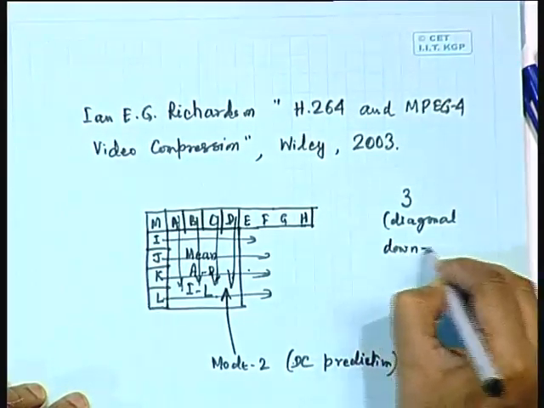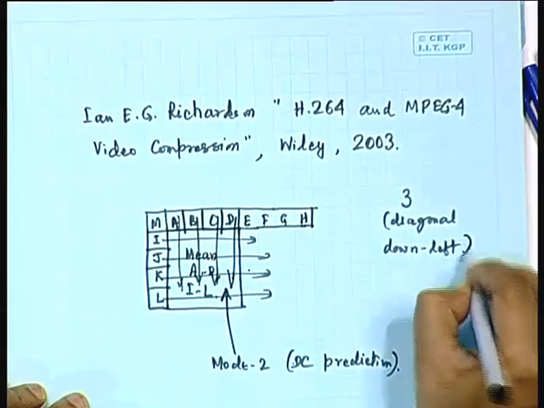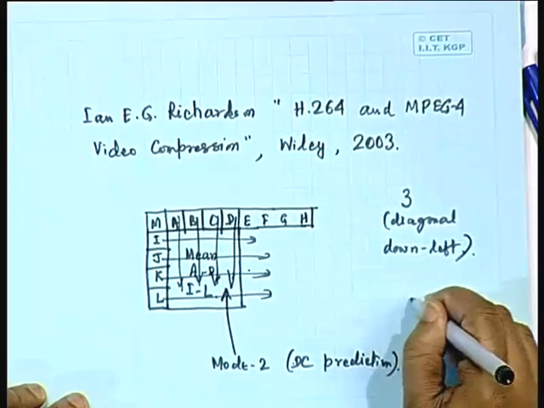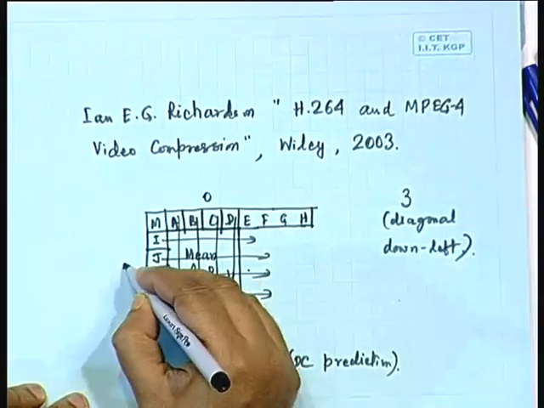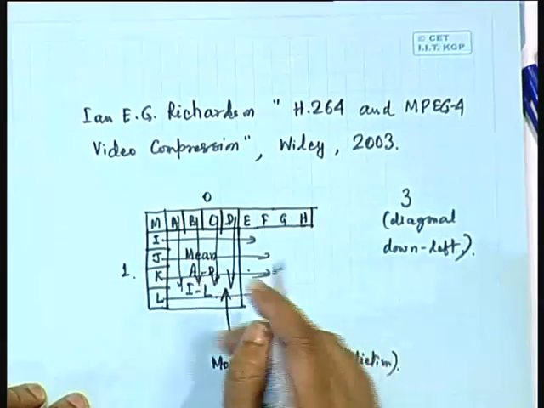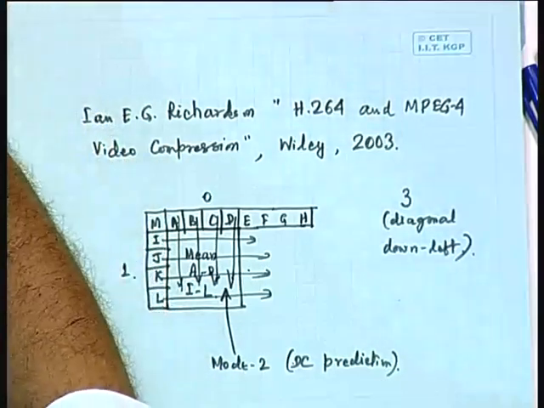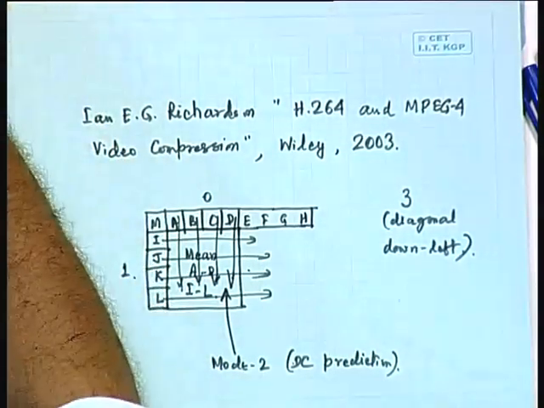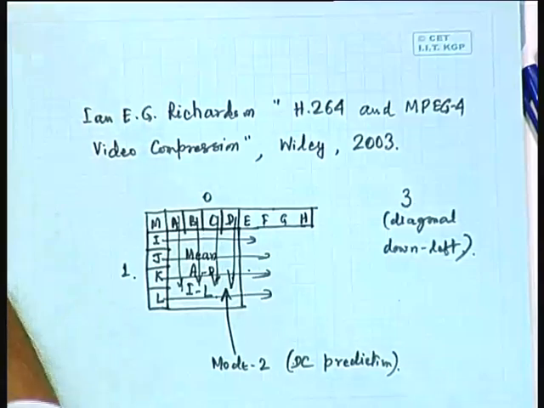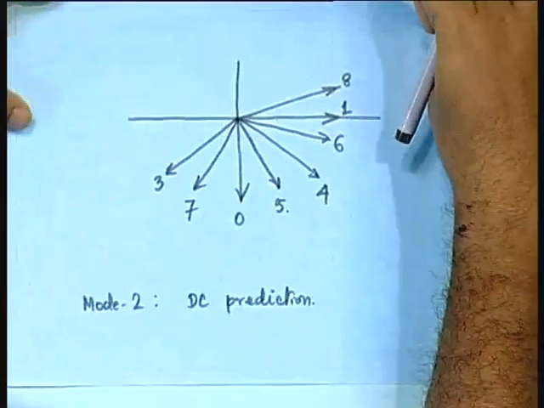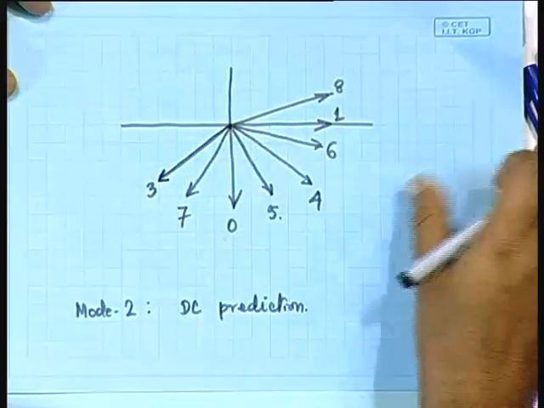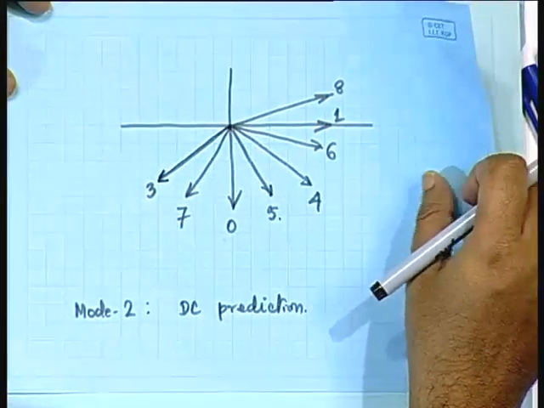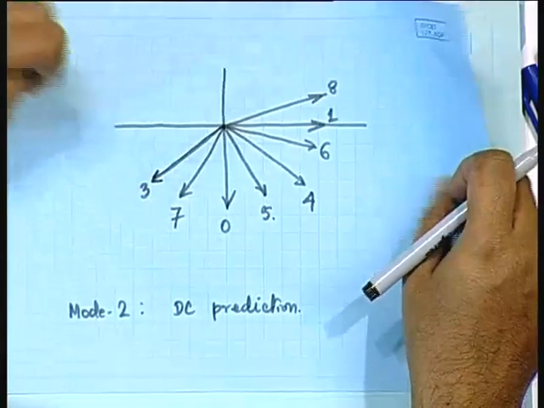So, as the name implies, diagonal down left. The direction wise you can see that this is going to be mode 0 and this is going to be mode 1. I can just take out the picture. So, direction 3, as I have shown, is this one. So, it is diagonal down left.